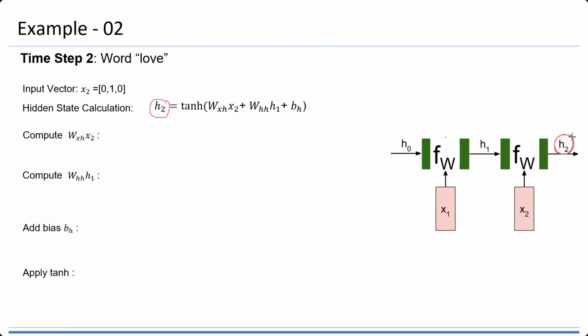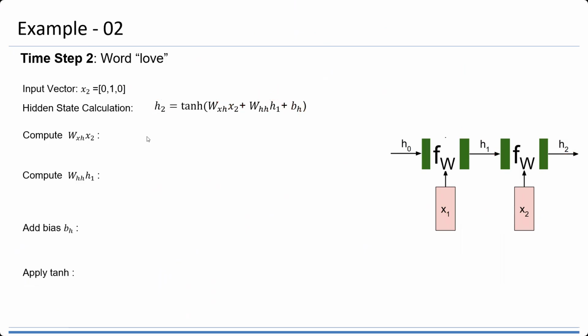So the H2 is the result from H1 multiplied with the particular weight and X2 multiplied with particular weight. So X2 multiplied with the weight that we have and H1 multiplied with the weight that we have, plus the bias.